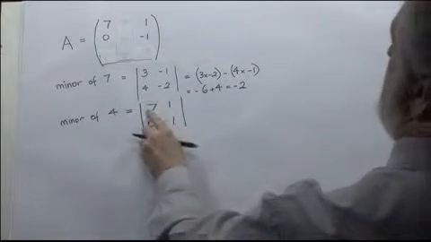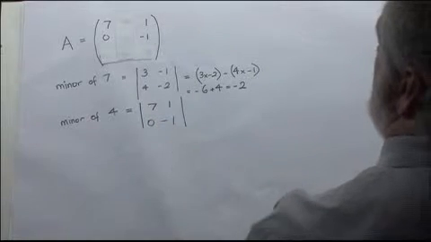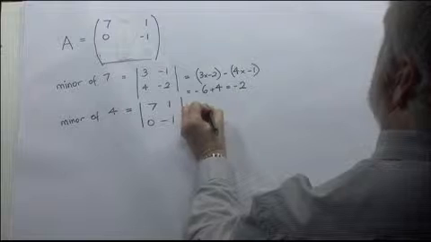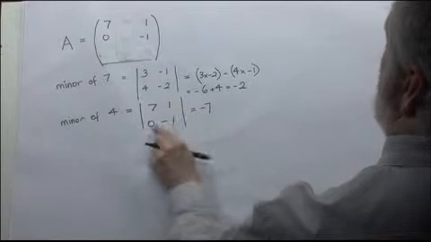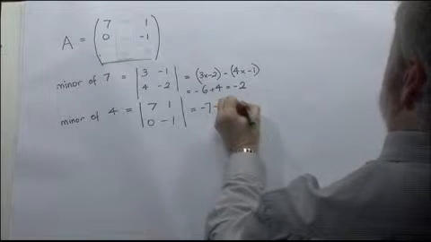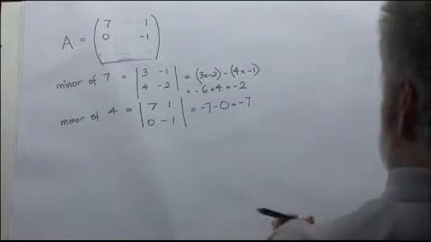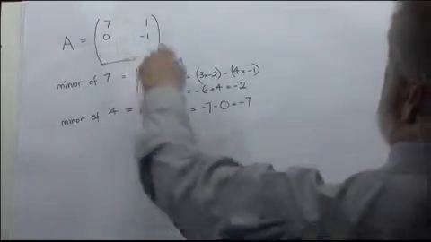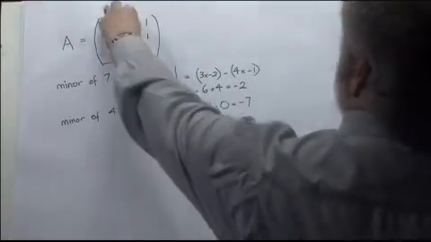Here's our 2 by 2 matrix, 7, 1, 0, -1. So we do 7 times -1, which is -7. And then we take away 0 times 1. So we're taking away 0, and so we're getting an answer of -7. So the minor of the element 4 in this matrix is -7.